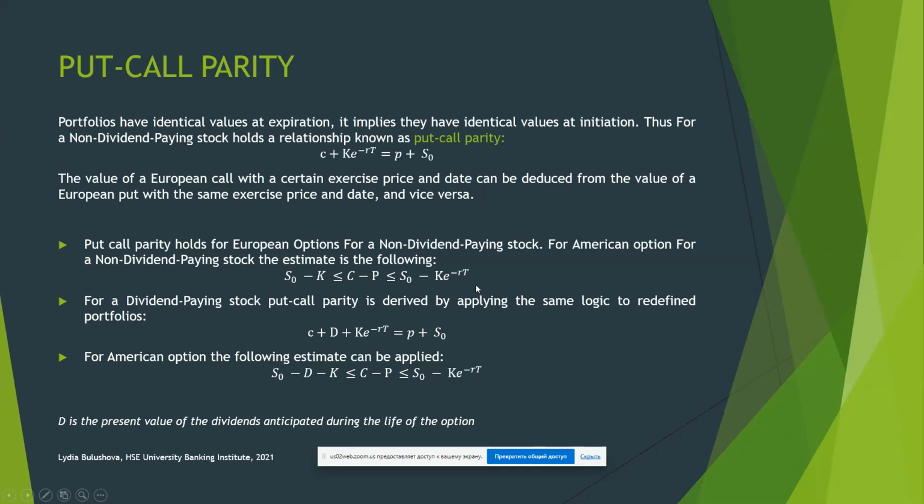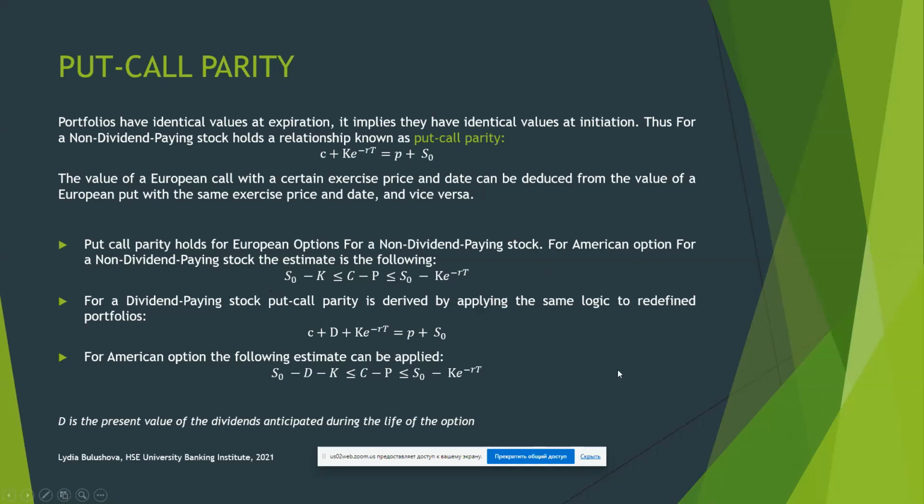We're not going to derive this inequality here. You can have a look at John C. Hull's book that's given in the references, and you can find the derivation of this inequality.